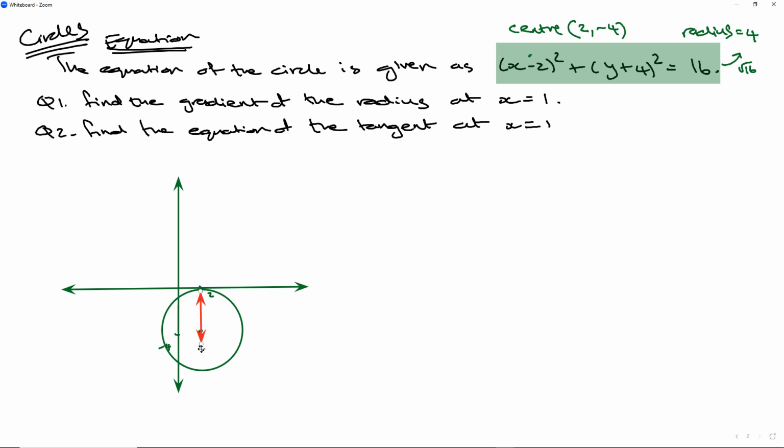And that means the whole diameter's length is going to be 8 because the radius is 4. So if the radius is 4, remember that this whole length is 4, which means there'll be 4 all the way that way, 4 all the way that way, 4 all the way up, and 4 all the way down from the center.